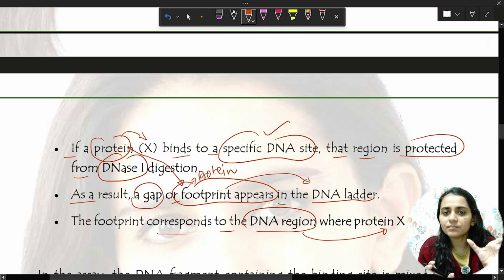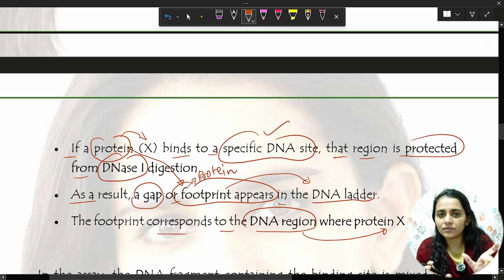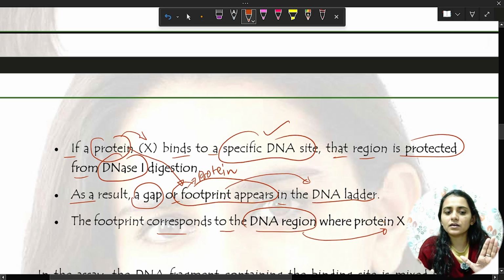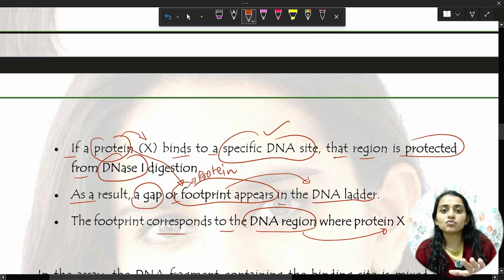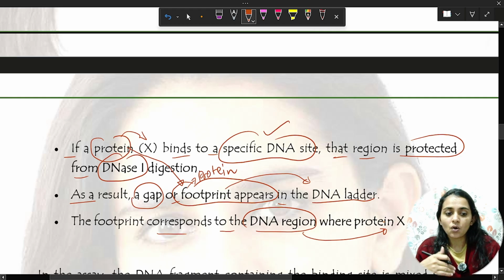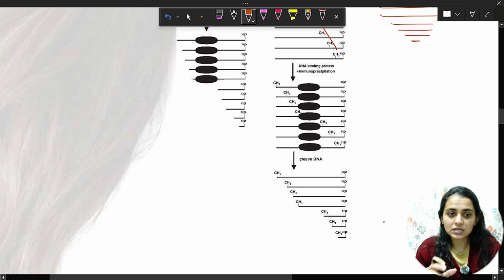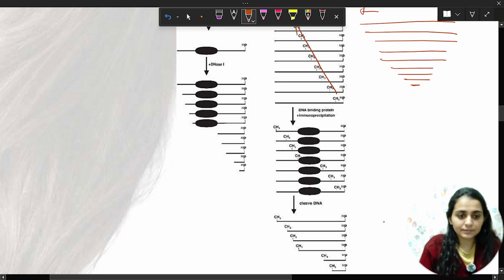So footprint means there is a protein present. Someone came here, that's why there is a foot that shows someone was there. So the foot is the protein.